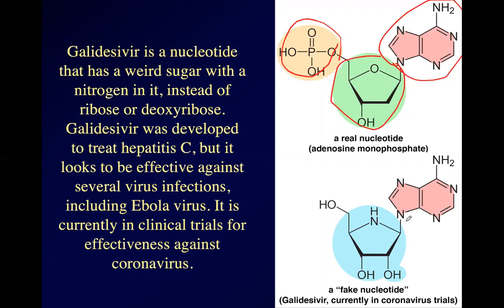Galidesivir has adenine, and instead of ribose, it's got this weird sugar that's got an extra nitrogen in it right here that's not supposed to be there. Galidesivir was developed to treat hepatitis C. It seems to be effective against Ebola, and it's in clinical trials for effectiveness against coronavirus.